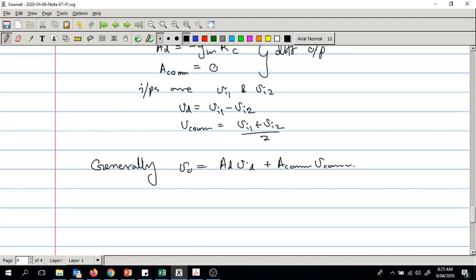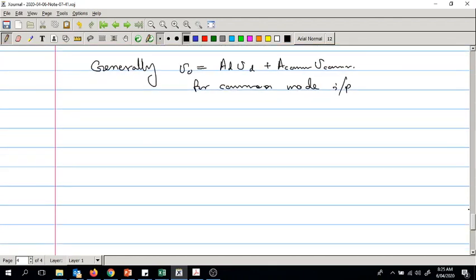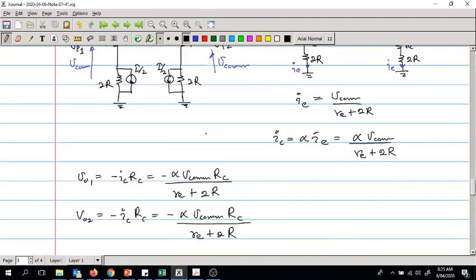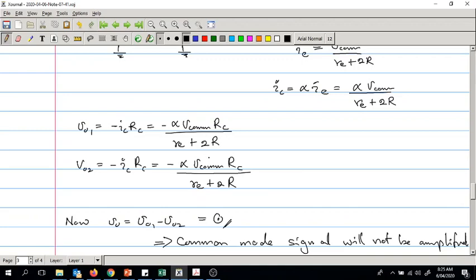Now for a single ended input, this is for common mode input, right? What about for different single ended input? The single ended output, that was what we derived earlier, that is what you have in here, right?